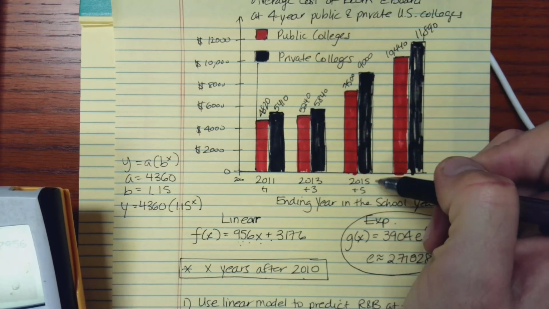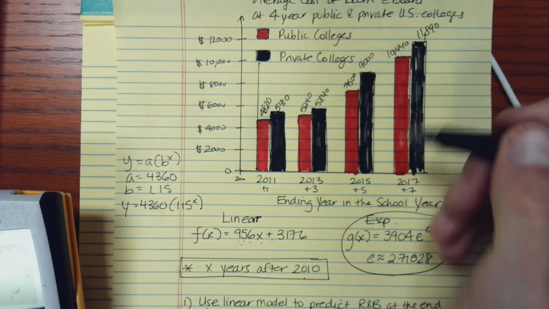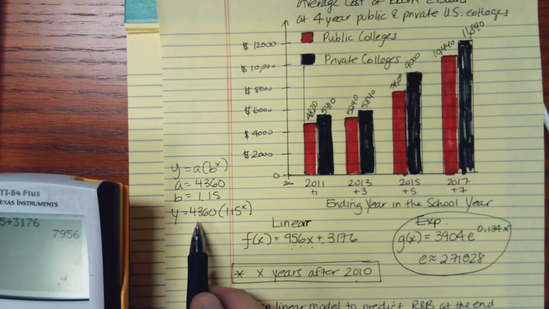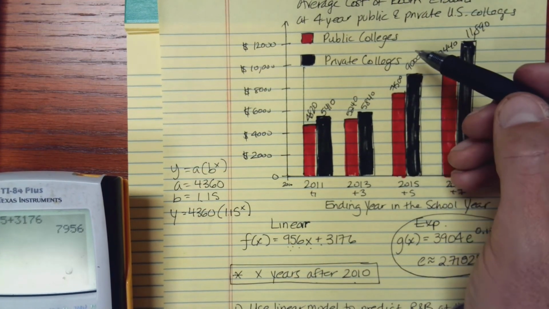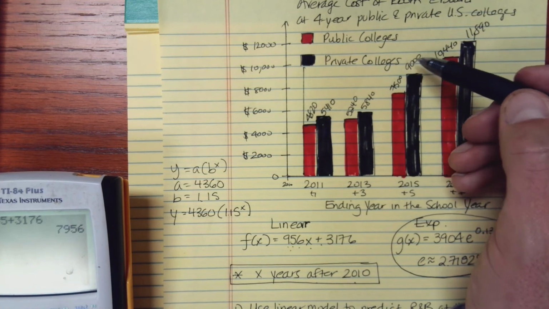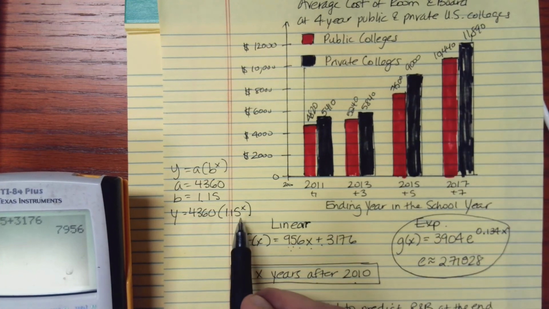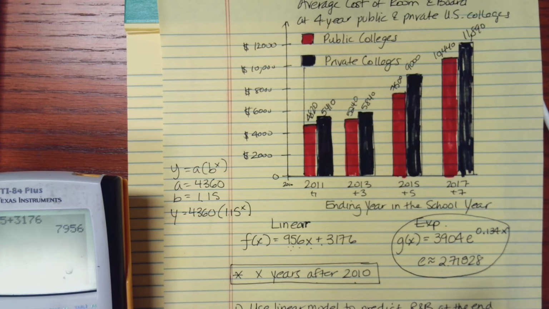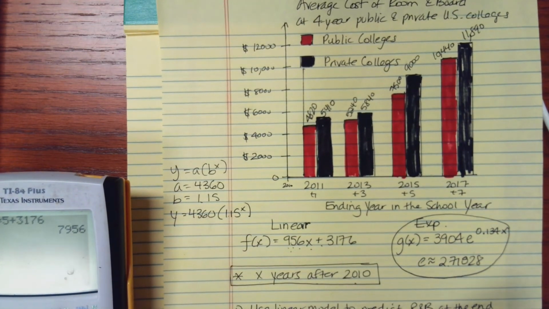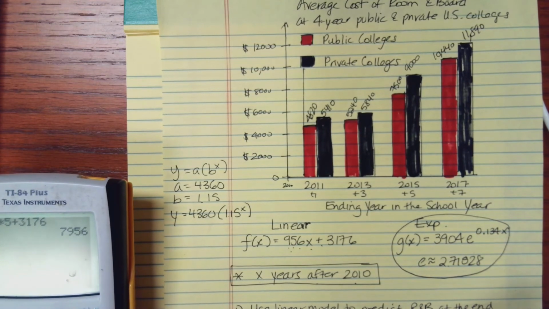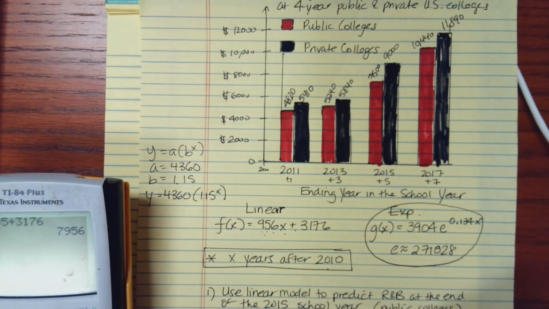Let's do the same. Let's evaluate for 2015 using the result from our calculator, this exponential model. Let's find the private college's estimate for room and board. So I'll evaluate this function at 5. So I'll say that y equals 4,360 times 1.15 to the 5th power.